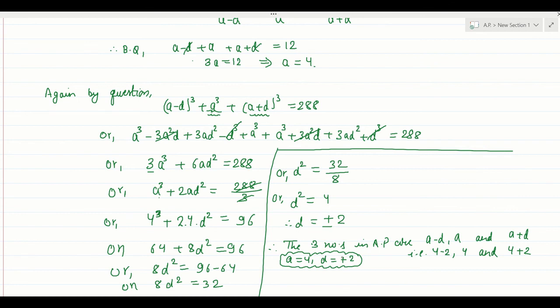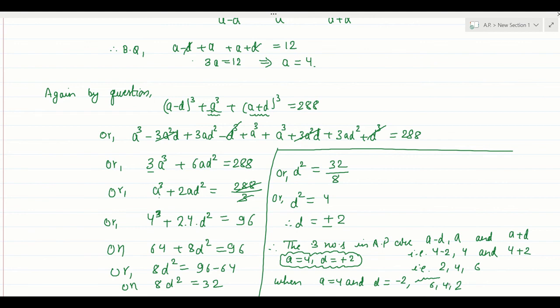I didn't mention it because I have already taught you how to write; you can refer to the previous numbers. So that is 2, 4, and 6. Similarly, when you take A as 4 and D as minus 2, you will get the three numbers as 6, 4, and 2.